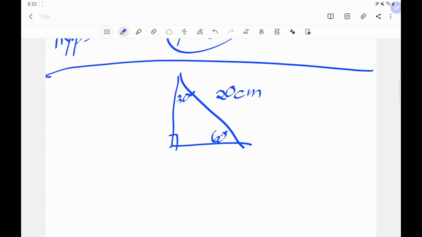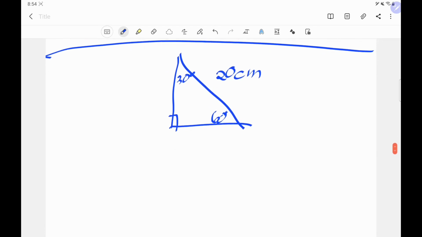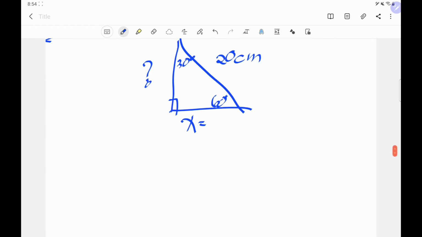You don't have the shortest side, which is your x, right? But they are looking for this one as well, so you need to solve for your shortest side and your longer side. Since we don't have our shortest side, we're going to solve for it, but the hypotenuse is given.